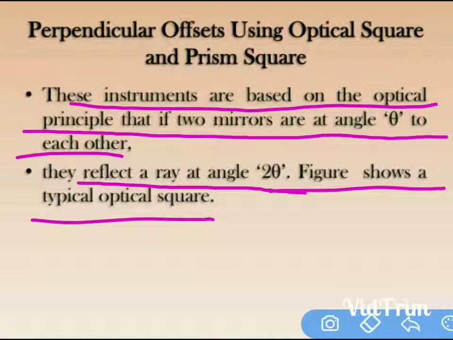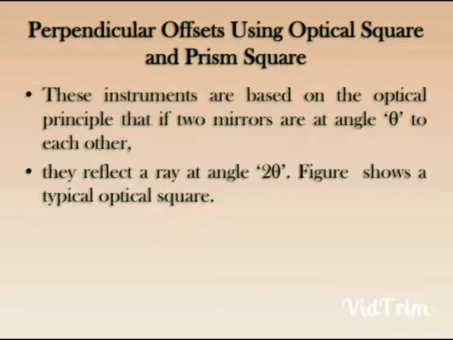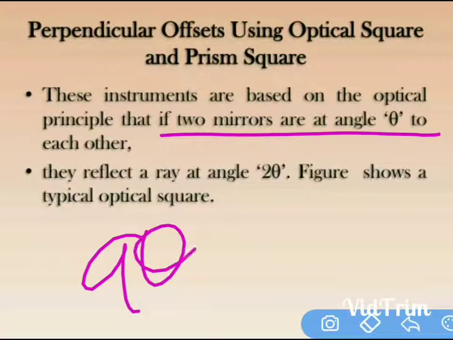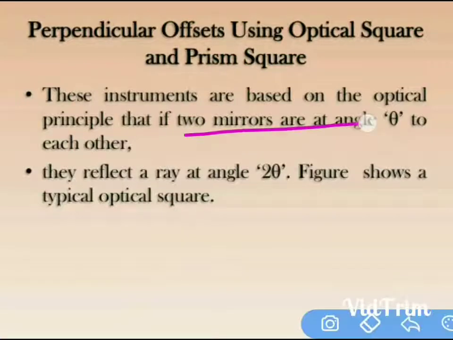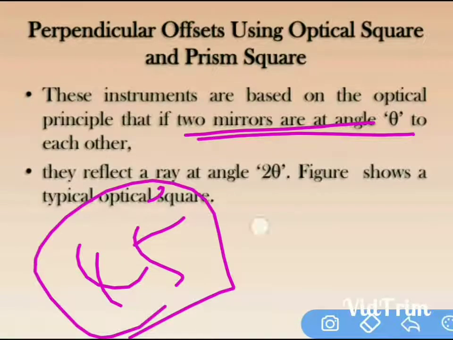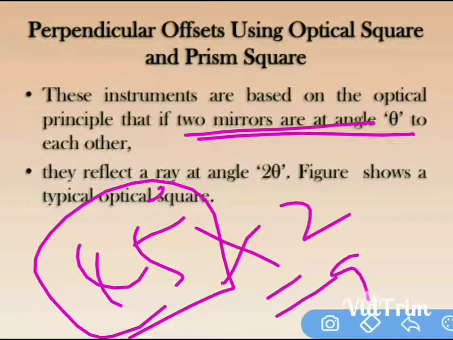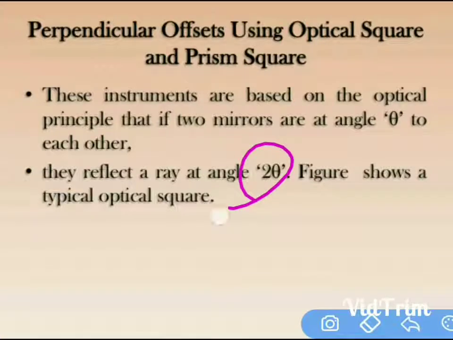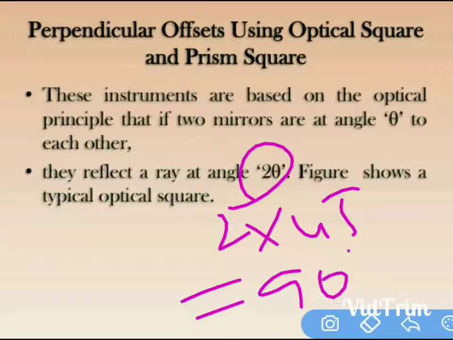The figure shows a typical optical square. Here the mirrors may be set at 45 degrees. So 45 into 2 becomes 90, right? We get 2 theta, meaning 2 into 45, so we can set 90 degrees.